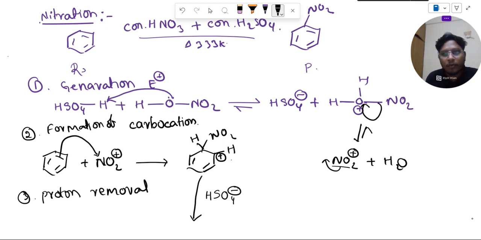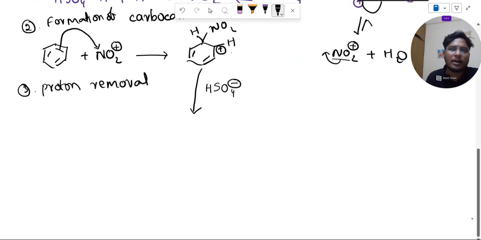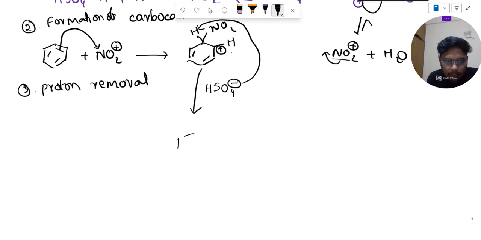After removal of H plus from H2SO4, it forms HSO4 minus, where the minus represents the basicity, that means a Lewis base, the electron donating capability that we have here. So after further reaction the proton will be abstracted from the carbocation compound, so it will take this hydrogen, and form a compound like this.